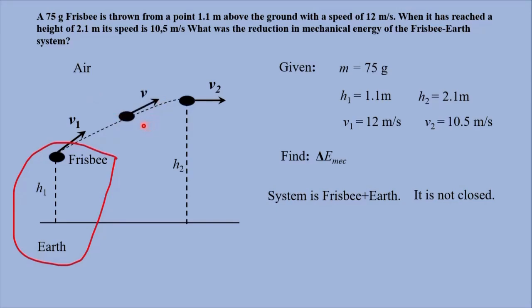This force points in direction opposite to velocity of the object and makes a work on the Frisbee, changing its mechanical energy. And this force is actually a frictional force. It's called drag force. And for this reason, mechanical energy is not constant. Frictional force is a non-conservative one.